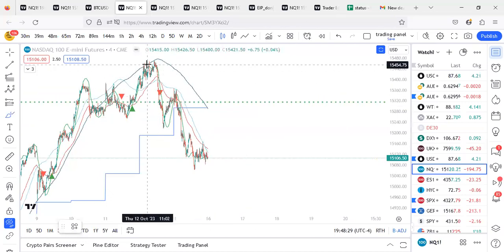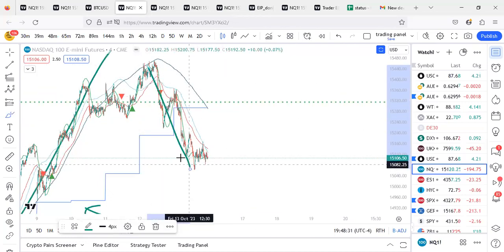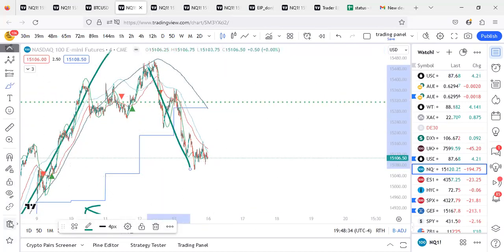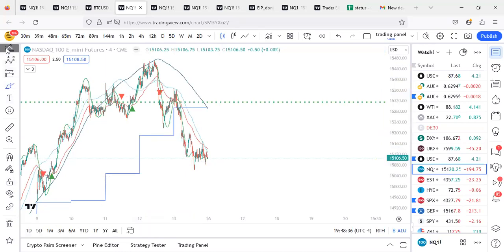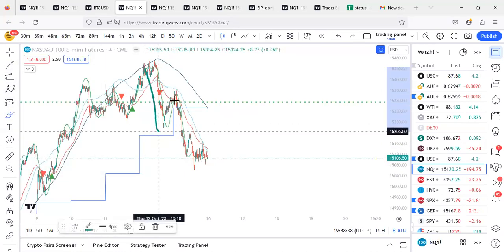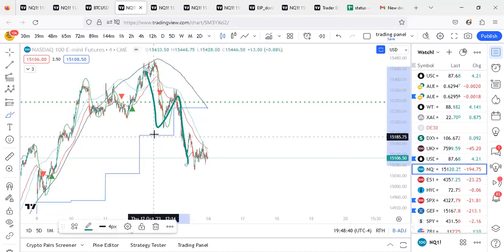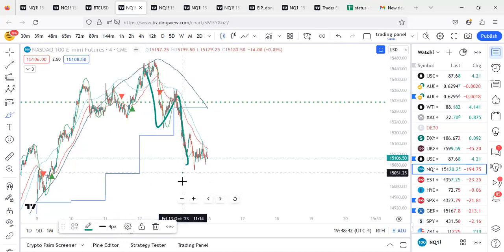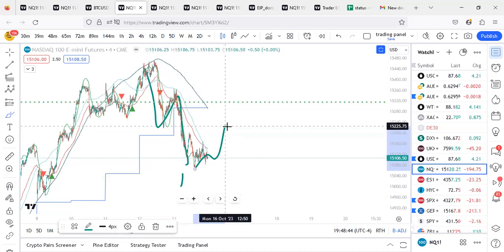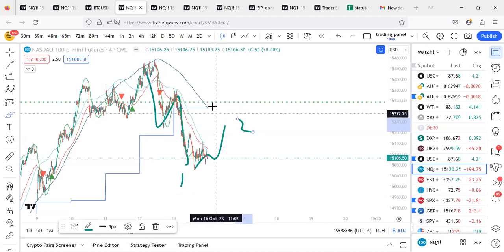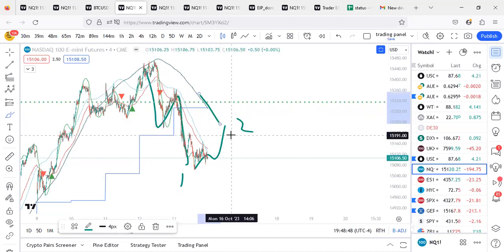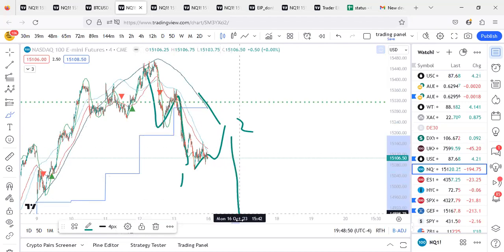The wave count I just did for you. So this was the one. Sorry, let me make it better. So this is the one, ABC1, and now this will be the ABC2. So what should happen? And this dark blue line will come here. So what should happen next? 3.